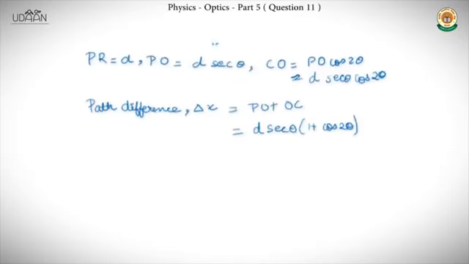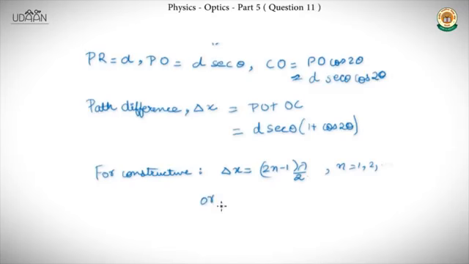Now, as we have got the path difference, the only thing left is to compare it with the condition for constructive interference. So for constructive interference, we have delta x equal to (2n minus 1) lambda by 2, where n ranges from 1 to infinity.